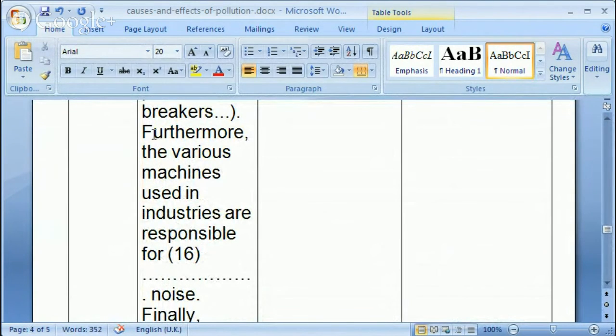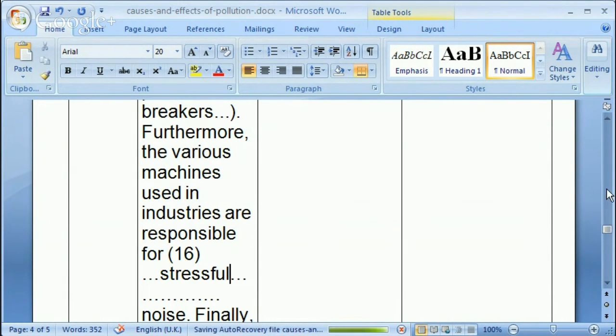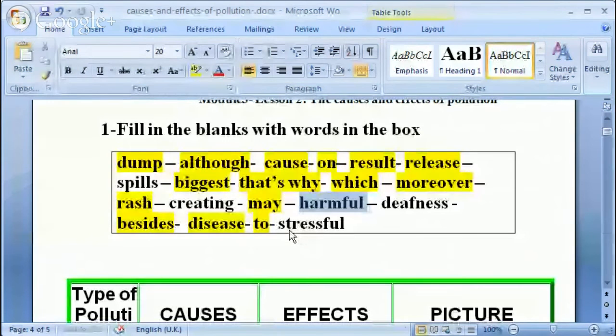Various machines in the industries are responsible for stressful noise. Obviously, by process of elimination, we know that this fill in the blank answer is going to be the word stressful. Great. Now we can eliminate harmful and stressful from our long list of possibilities. Let's get rid of those. Hopefully, I'm going very slow and meticulous here, but hopefully you get the idea.